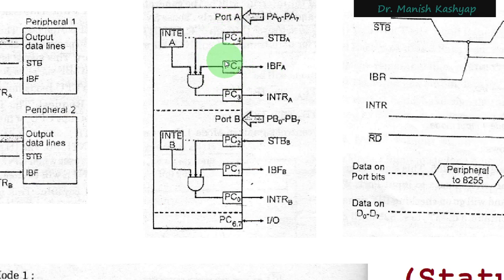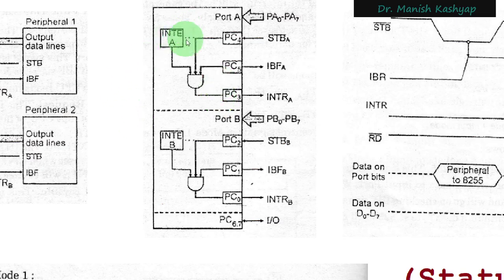Now, having received that data, 8255 is a very gentleman kind of IC. It will acknowledge that through IBF, input buffer full. That is, okay peripheral, I have received your data, and my input buffer for this port A is full. It has received some data, so this input buffer is full. Inside this 8255, we saw this group A control.